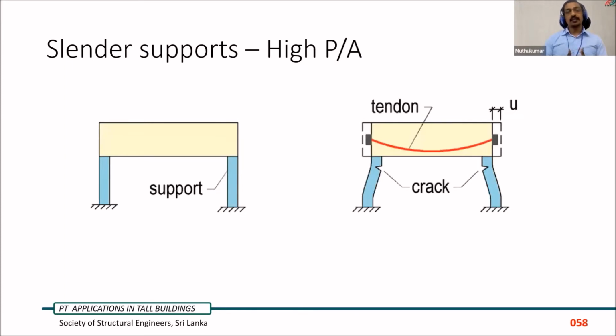And this restraint will also impact the weak column. In the case of a weak column or a wall with a very huge, strong beam at a strong beam and weak column junction, when there is compression happening, the supports will tend to crack. So having a slender support and introducing higher P/A will be detrimental to the structure.